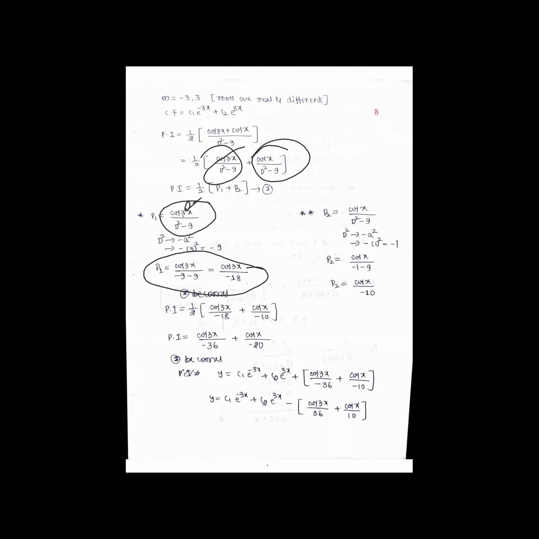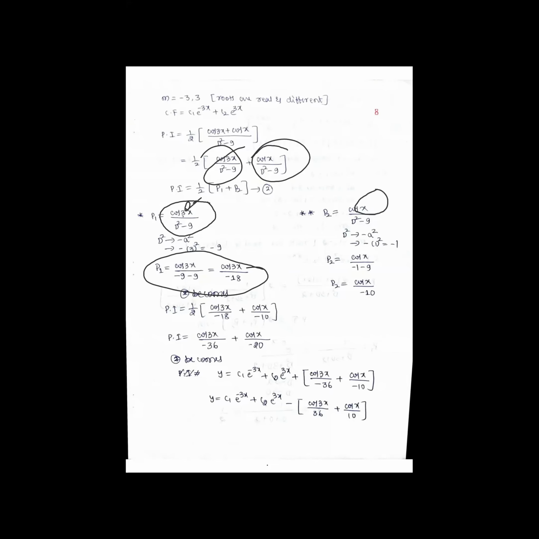Next, coming to P2. That is cos of x divided by d square minus 9. So d square, again it is type 2 only. So d square will be replaced by minus a square. So the coefficient of x, you can just check it here. What is the coefficient of x?